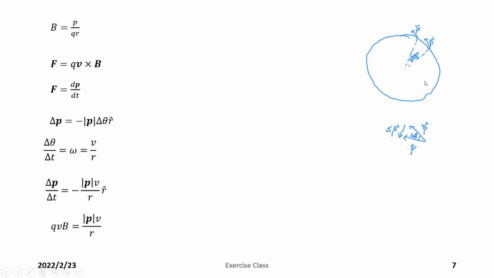That's a simple way to obtain the same expression without using F equals ma. So that's why this relation is also valid in relativity.